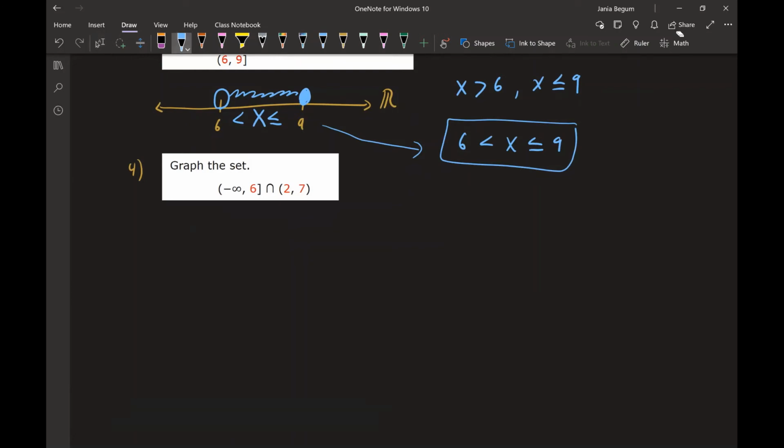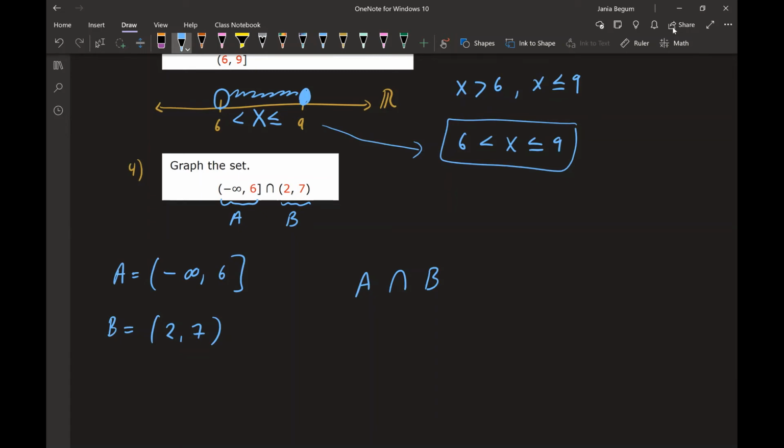So let's call this set A, and let's call this one B. So A is the set from -infinity to 6, including 6. And B is the set from 2 to 7, open. And we're looking for what is A intersect B. That's what this question is asking you to find.